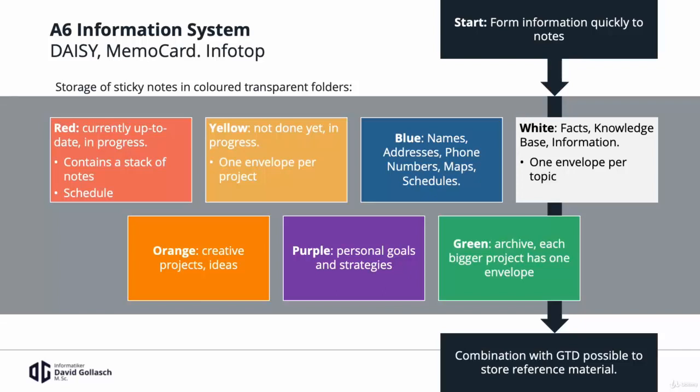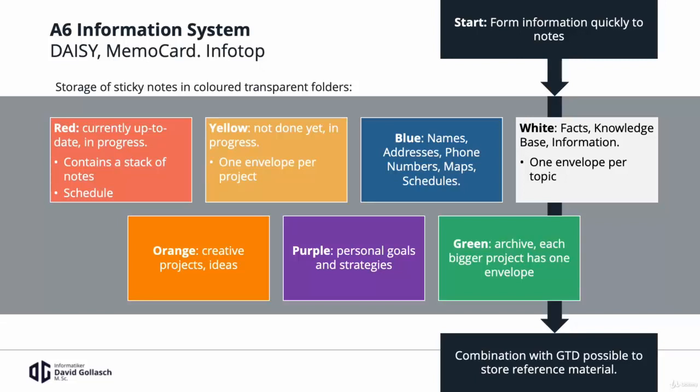So if you take your time and get into the Getting Things Done system from David Allen, then you'll see that there are several lists to maintain tasks and several projects with several goals there, and they can as well be exchanged by those transparent folders that you find here, which is a very nice system and very nice idea to get a better and faster overview for maintaining all your tasks, your goals, etc. So just an idea that the combination is possible, and may be favorable in your specific case.